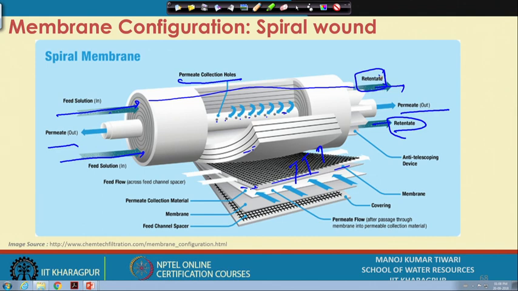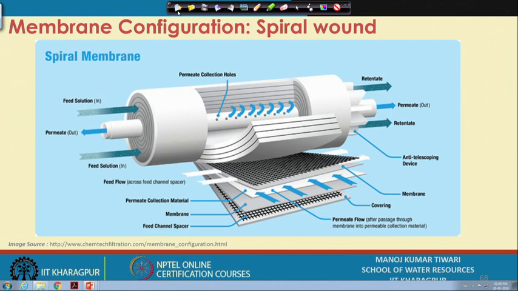You can see that the flow is this way and reject is also going this way. This is your flow, this is your reject flow, and the permeate is radially crossing through this and entering into these permeate holes. So, that is the configuration of a typical spiral membrane, which is a cross flow membrane.